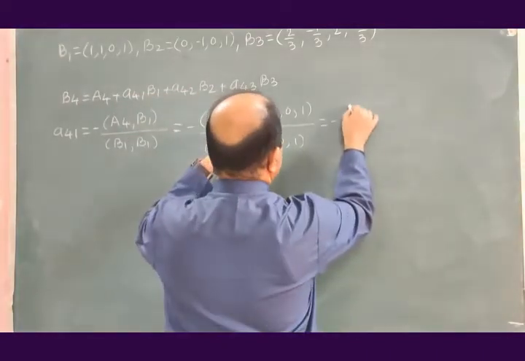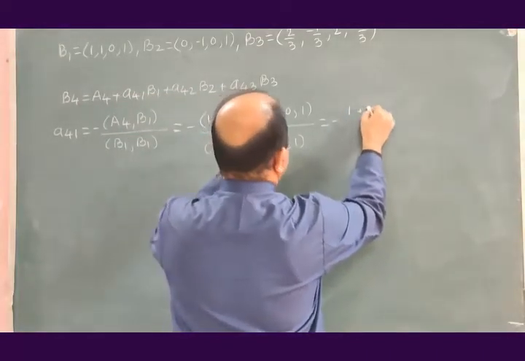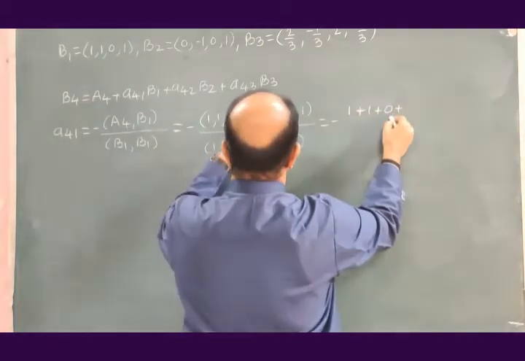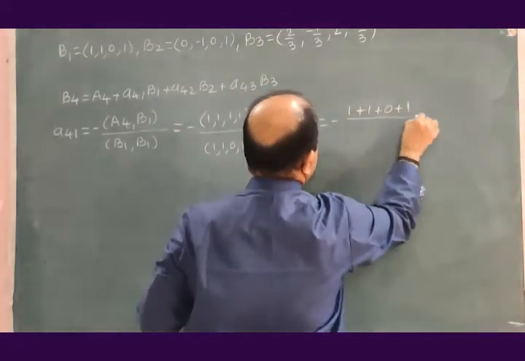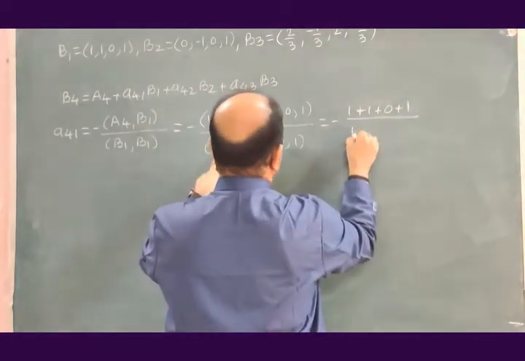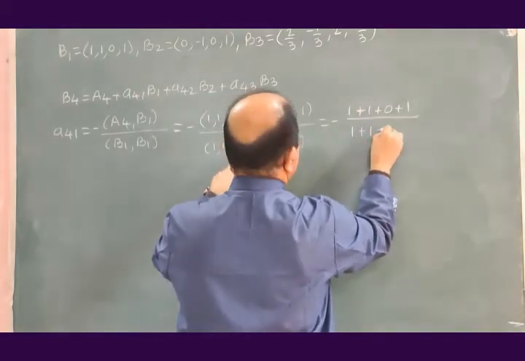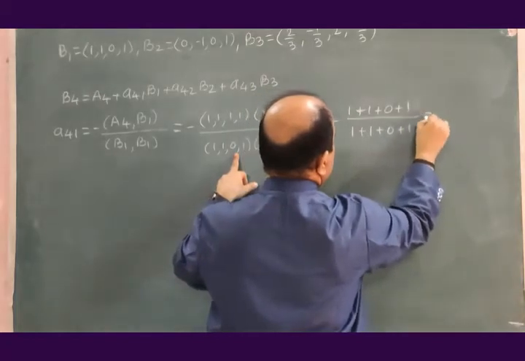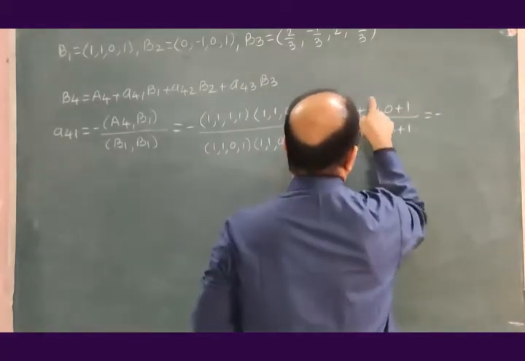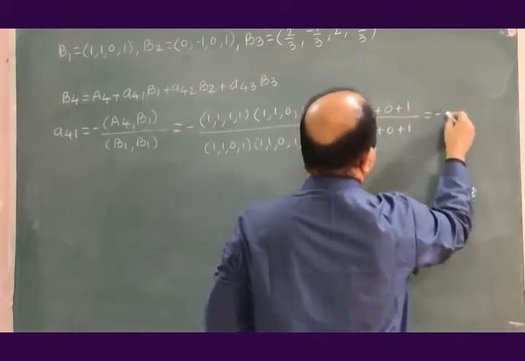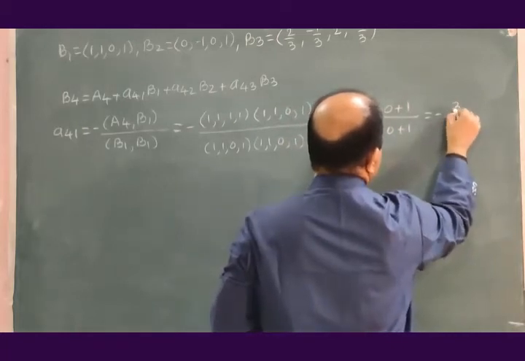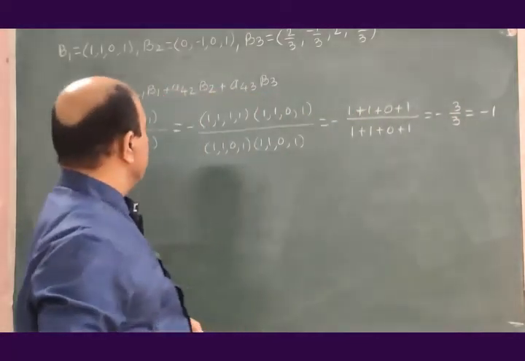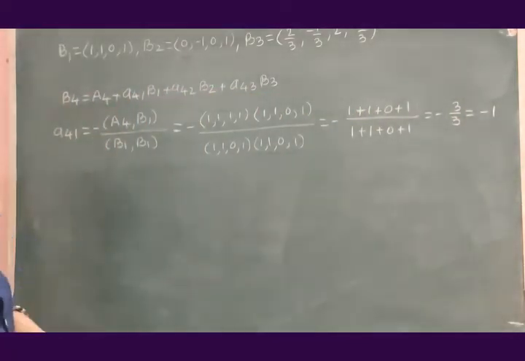One into 1, 1, plus 1 into 1, 1, plus 1 into 0, 0, plus 1 into 1, 1, divided by 1 into 1, 1, plus 1 into 1, 1, plus 0 into 0, 0, plus 1 into 1, 1. 1, 2, 3, 1, 2, 3. So it is minus 3 by 3, that is equal to minus 1. So value of A41 is minus 1.